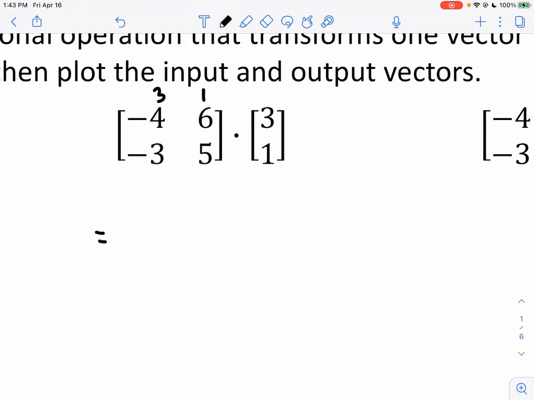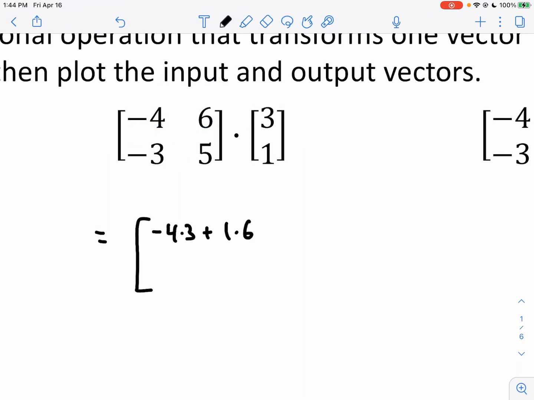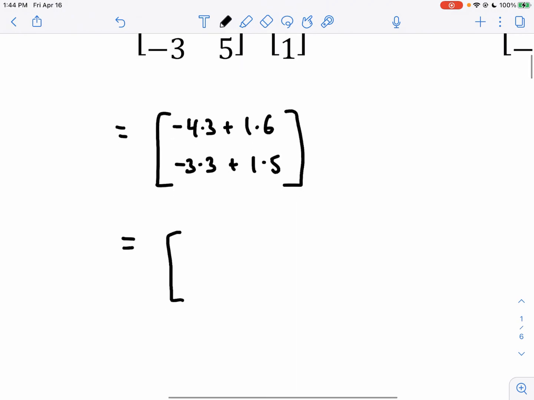So that gives us the first entry will be -4 times 3 plus 1 times 6. And then when I drop the 3 and 1 down to the other two entries, multiply and add, we're going to get -3 times 3 plus 1 times 5. This is a 2 by 1 vector, and it simplifies to -12 plus 6 is -6, and -9 plus 5 is -4.